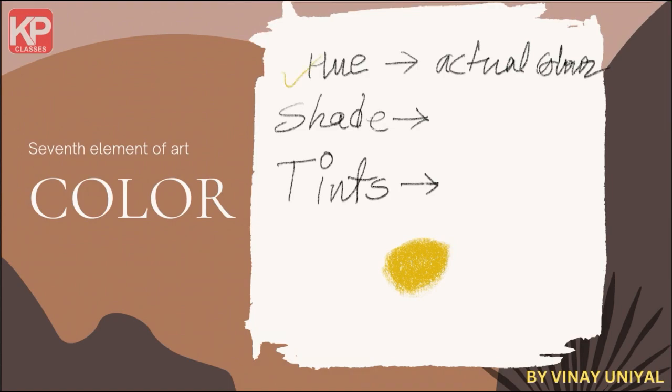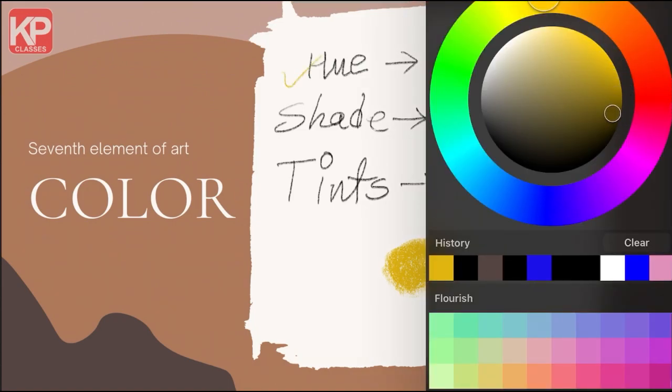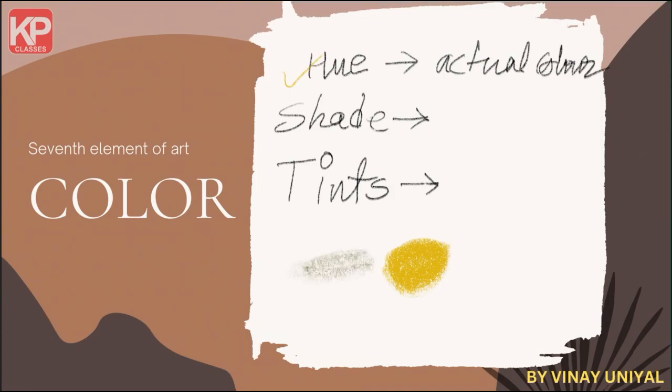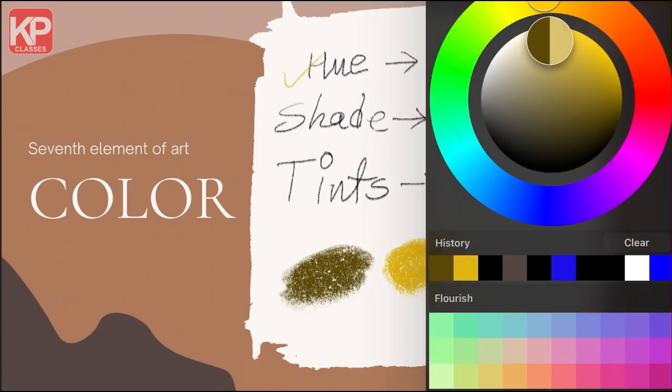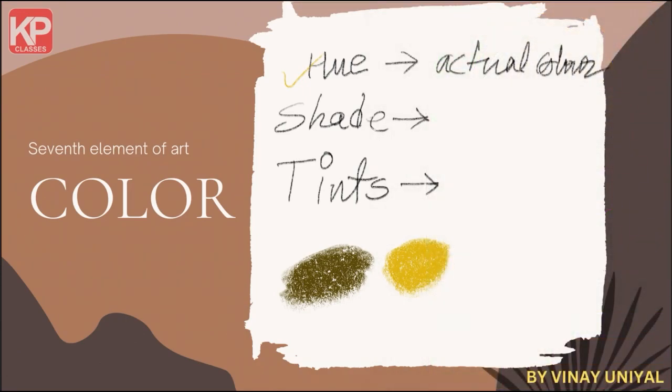If I want to make a shade of the same yellow, I'll be adding black to it. So this one at the left hand side is the shade of the same yellow, right? Now what will be the meaning of tint? If I add a little bit of white, I'll get something like this, the pale yellow or beige color. So this will be the tint.